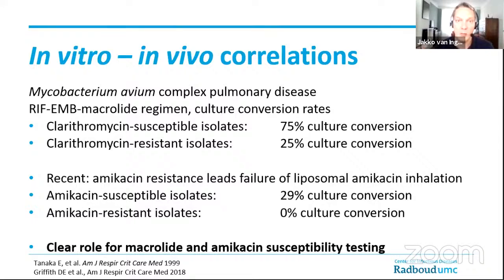What then might happen, and in fact often happens, is that these drugs are stopped and the patient continues on macrolide monotherapy. So testing them, rifampicin and ethambutol, should not be done.